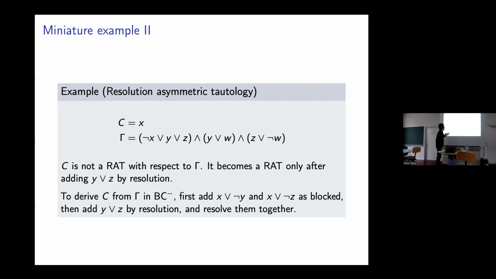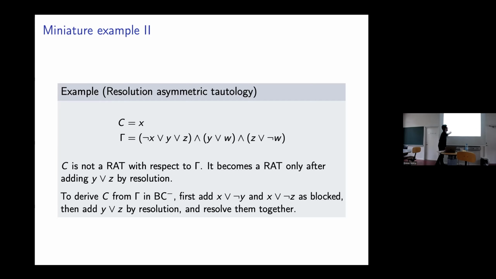So yeah, you're asking that question for this specific example, for instance, to derive this clause as a blocked clause, you need to do more work. First, you add these two clauses as blocked. Why? Because they're blocked for this literal. So the only clause to check against is this, and you have a tautological clause at the end, and similarly here you have a tautological clause at the end. And again, you then resolve these two clauses, getting y or z, and then you resolve these two clauses in sequence against this clause.